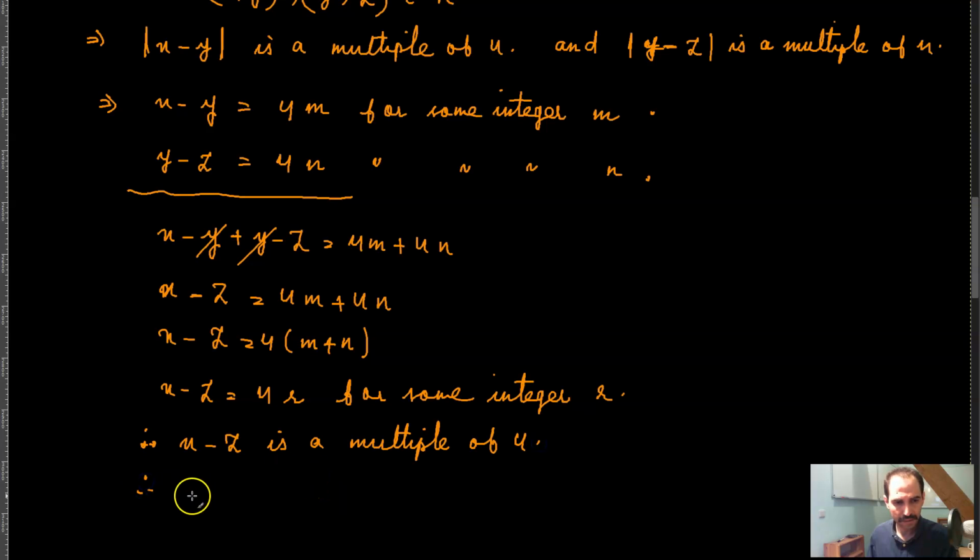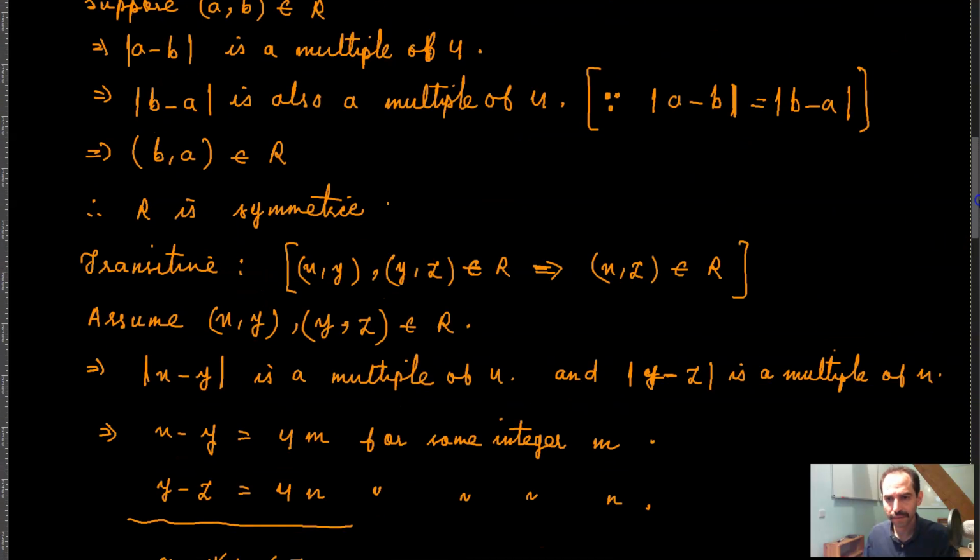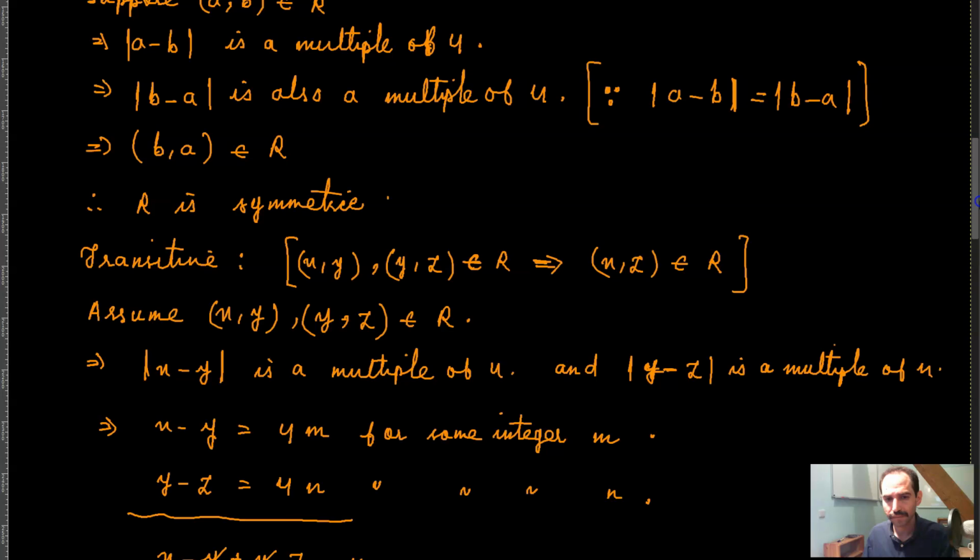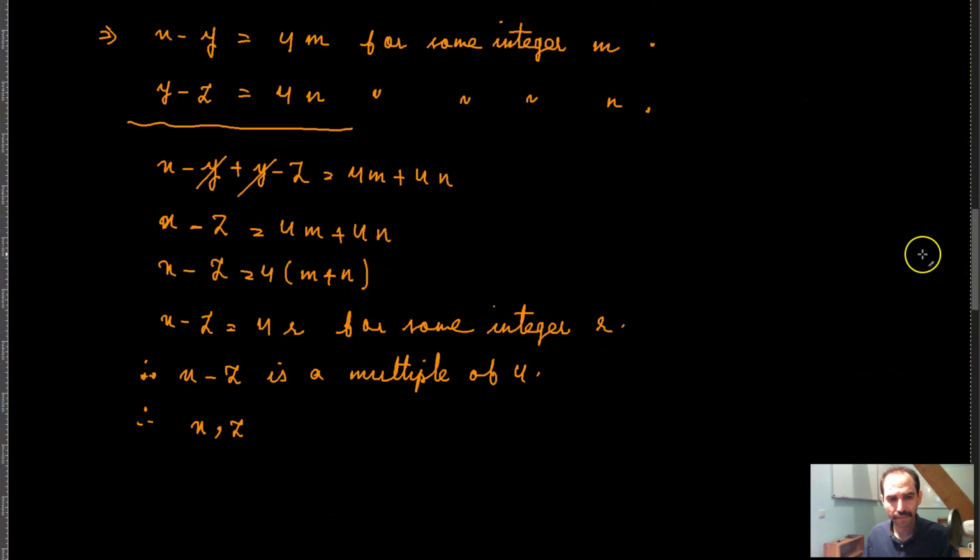So if x minus z is a multiple of 4, I can write that the absolute value of x minus z is also a multiple of 4.